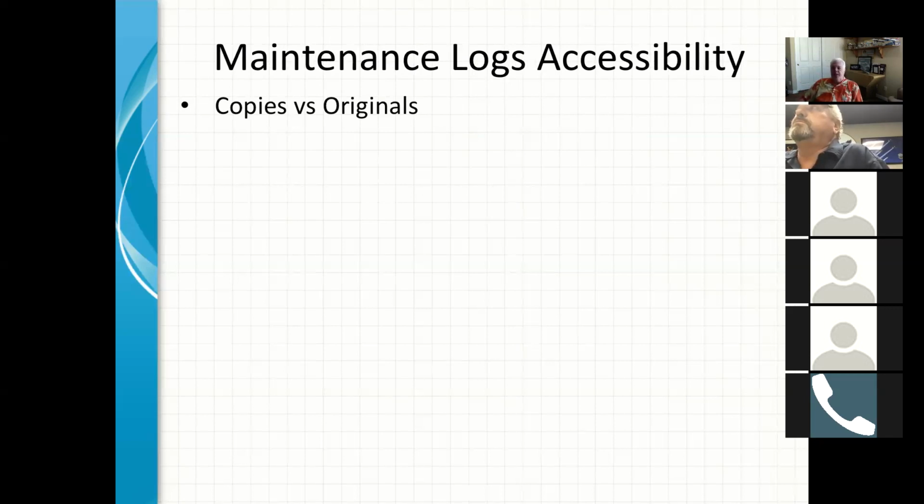One other thing too, in Part 91, which is the operator's regulation, it says what the record must contain in 91.417, but I would ignore that and go to 43.9, because 417 leaves out one critical step. In 417, it says description of the work or reference to data, completion of the work performed, and the signature and certificate number of the person approving the aircraft for return to service.